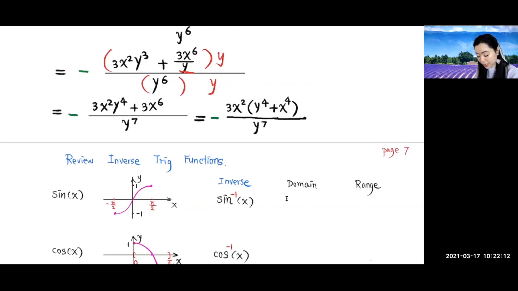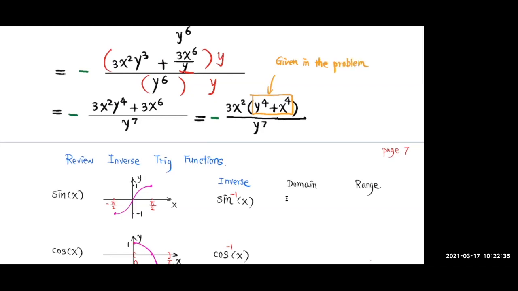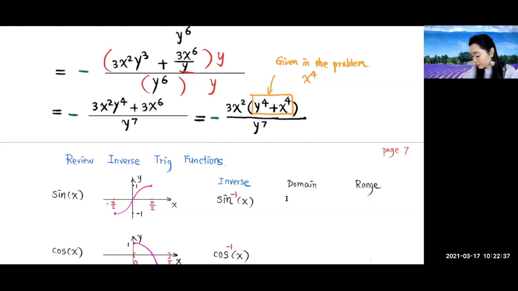Now, do you recognize this part right here? X to the 4 plus y to the 4. That is given. It was given in the problem, right? Yes, x to the 4 plus y to the 4 is equal to 16.